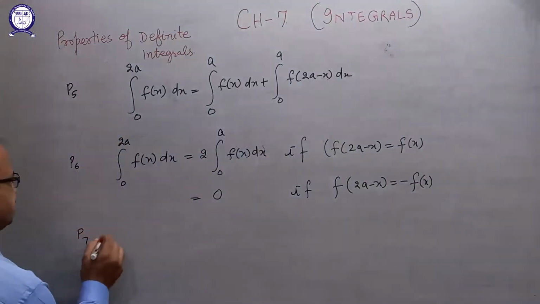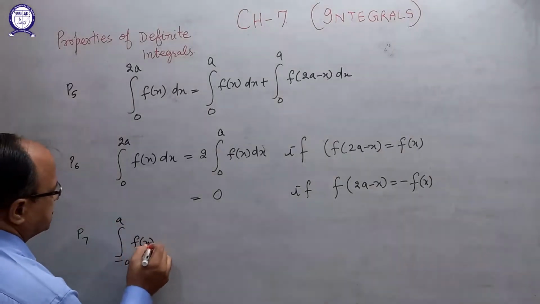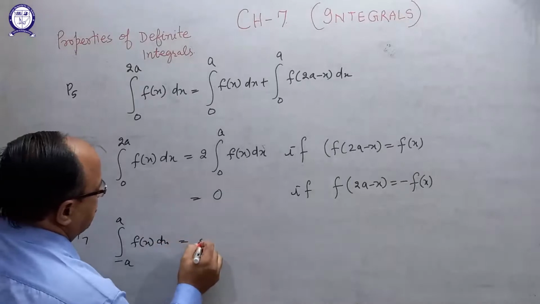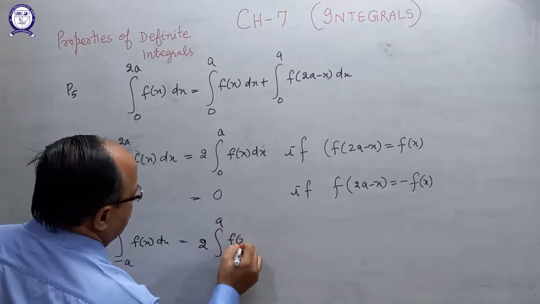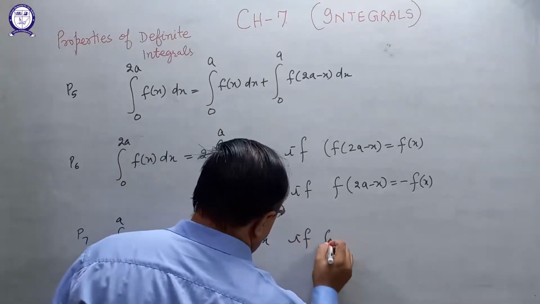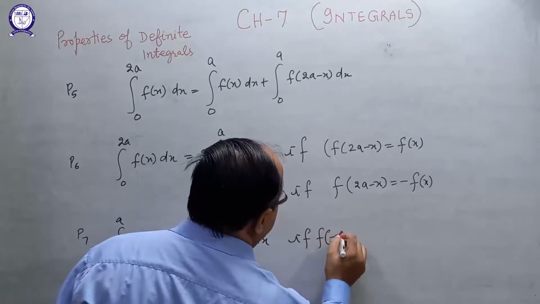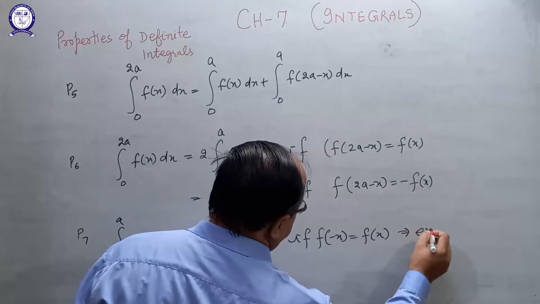And the property P7: integration minus a to a f of x dx, you can write twice 0 to a f of x dx if f of minus x is equal to f of x. It means this is an even function.